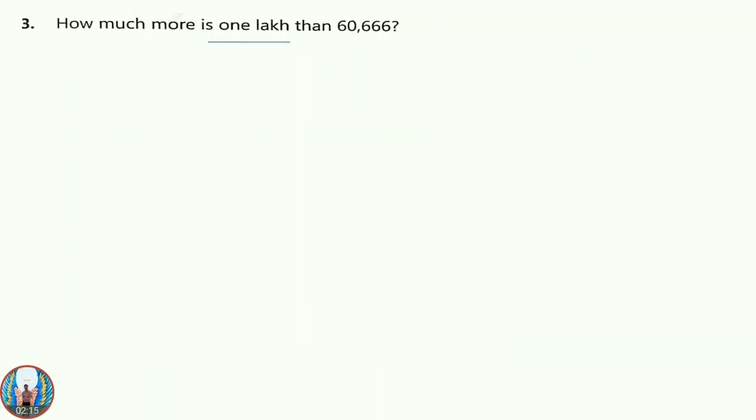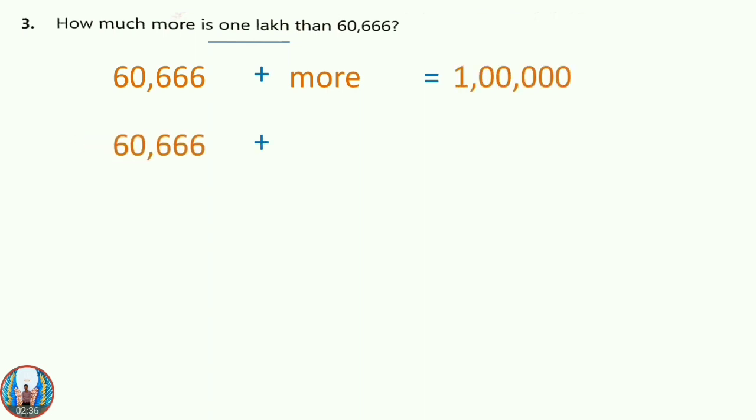Question number 3. How much more is 1 lakh than 60,666? It means we have to subtract 60,666 from 1 lakh to get the difference. It means 60,666 plus something more equals 1 lakh. We can write it like this also.